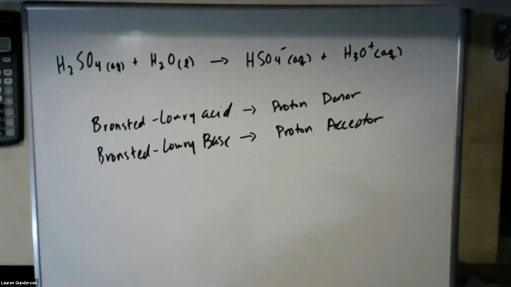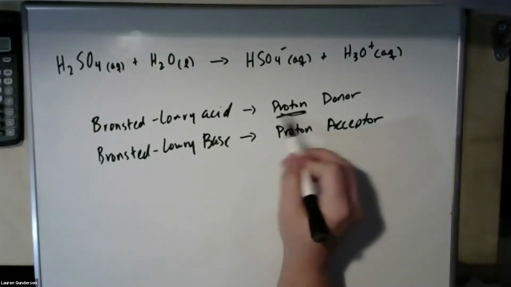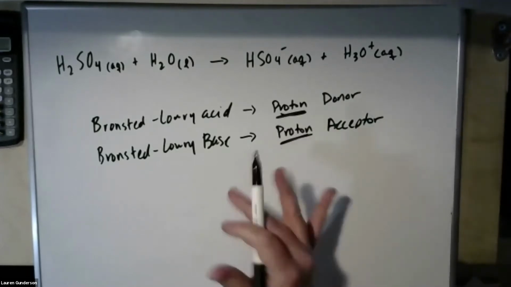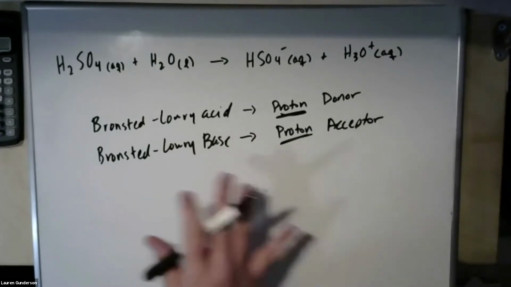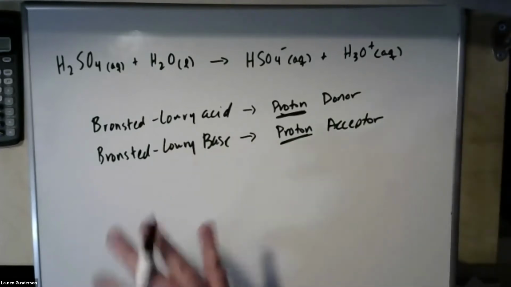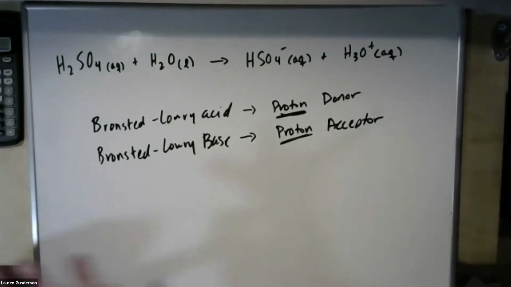Now this word right here is going to be the important one when we're talking about the difference between an acid and its conjugate base and a base and its conjugate acid, because I want you to notice something. Let's erase these definitions.